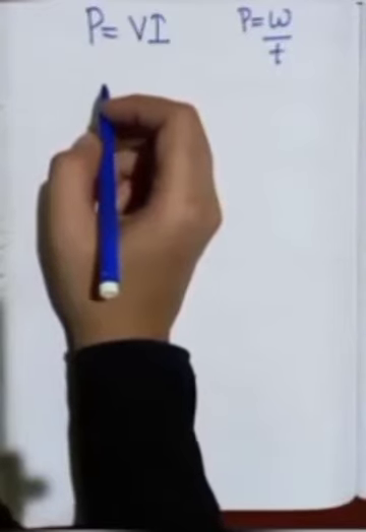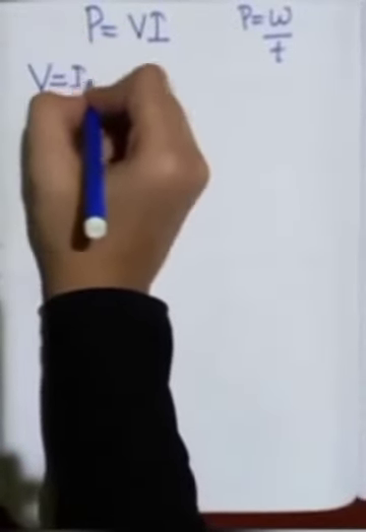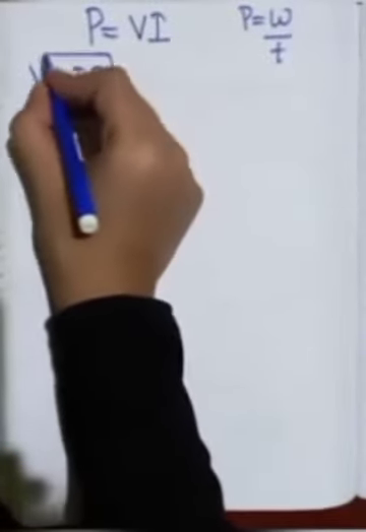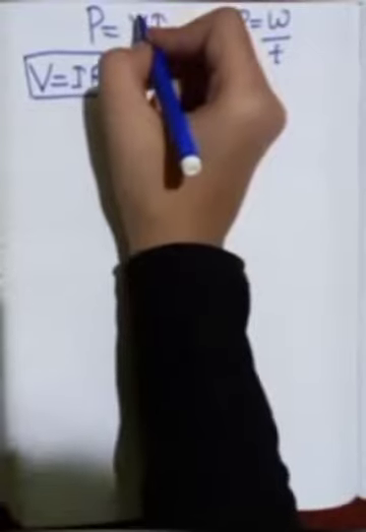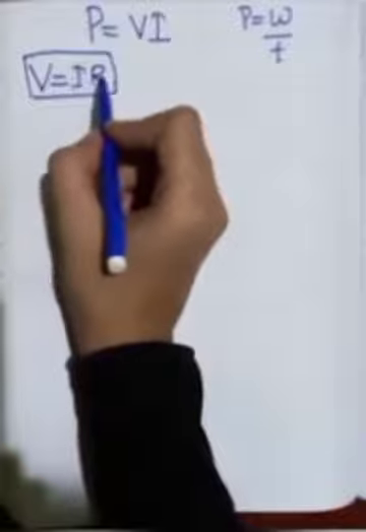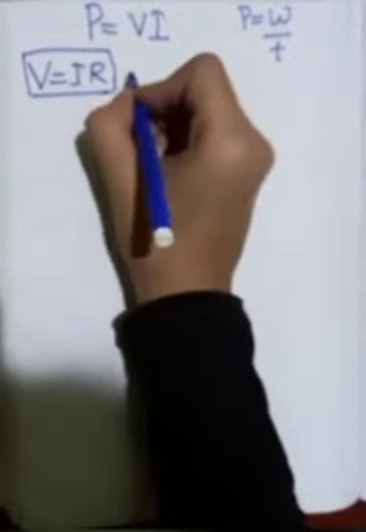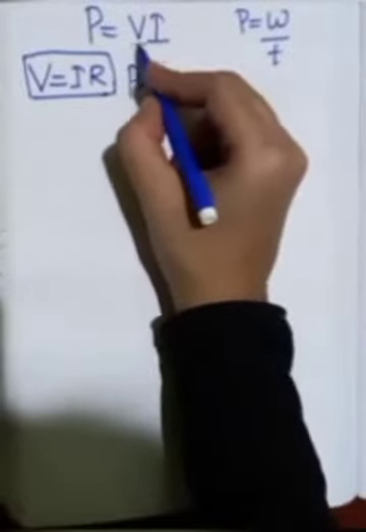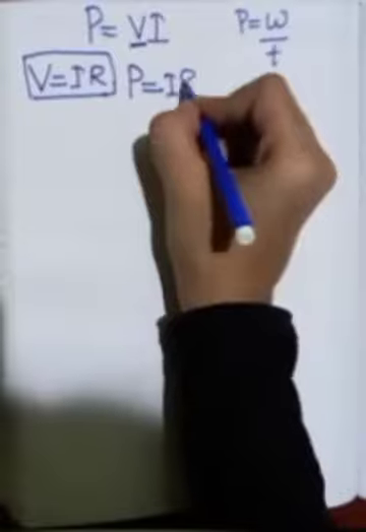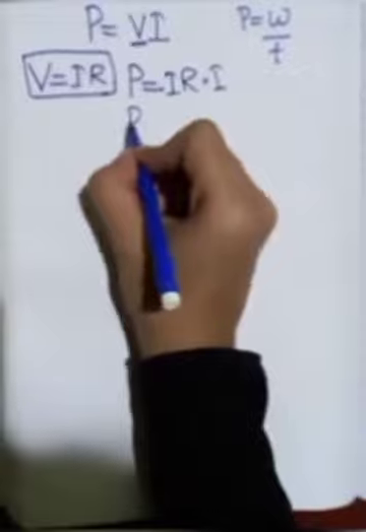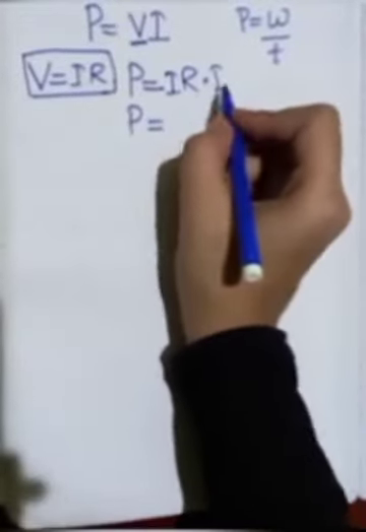According to Ohm's law, what is the equation? V is equal to I into R. I substitute this value for V in this equation. In the place of V, I am substituting I into R. Then P is equal to I into R into I, that is I into I. What is I into I?